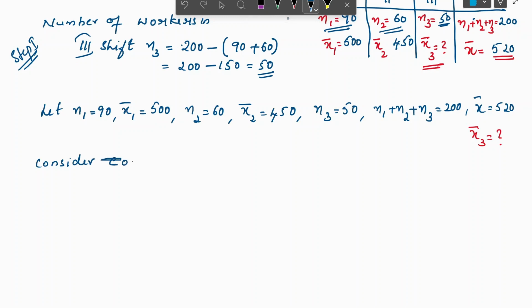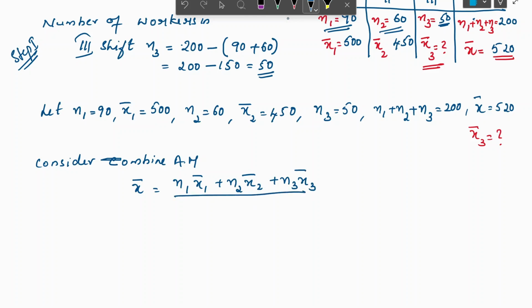I have written it in short: X bar equal to N1 X1 bar plus N2 X2 bar plus N3 X3 bar, whole divided by N1 plus N2 plus N3.